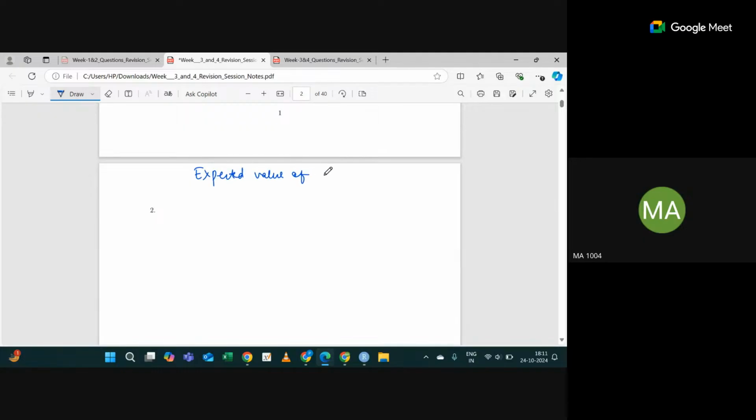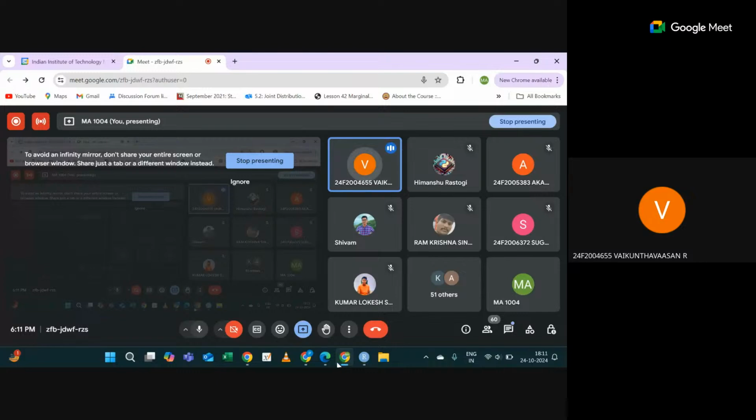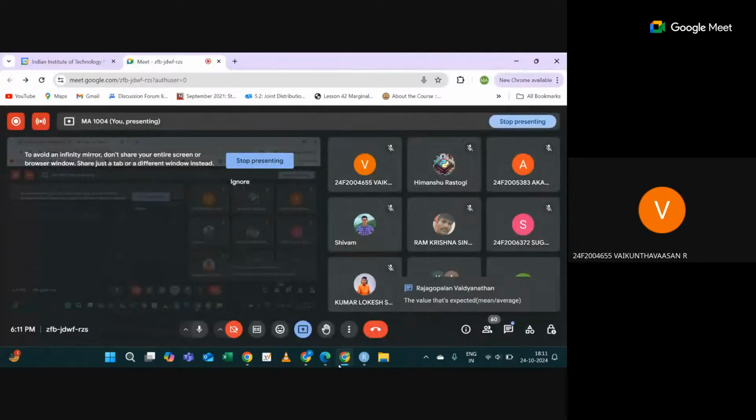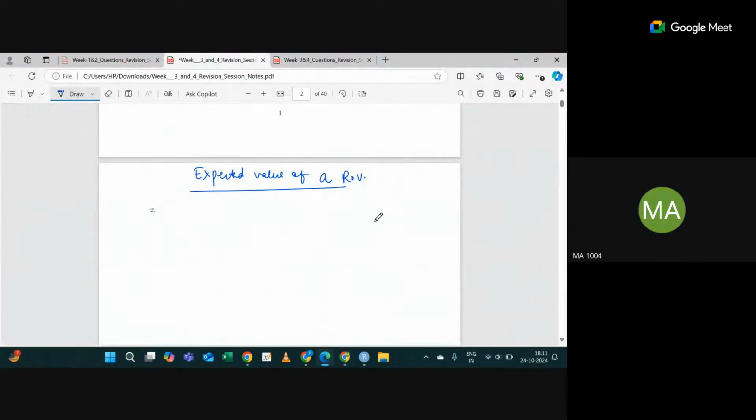So I think from stats 1, you are aware about what is the expectation. So what is the expected value? Anyone? It is the average. It's the mean. Okay. Any other thought? Why are we moving to the expectation of a random variable? Because it is the most probable thing to occur.